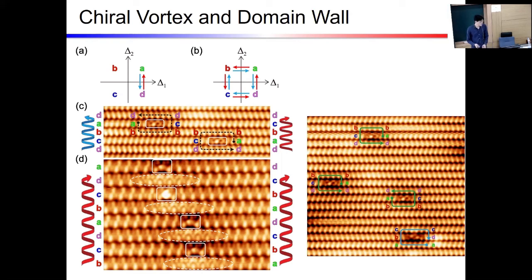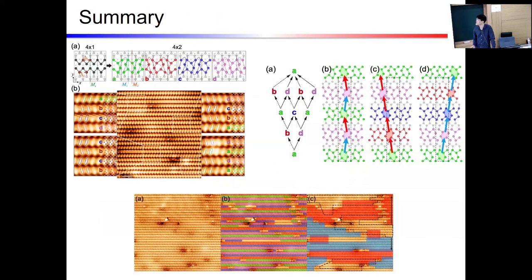So let me summarize my talk of almost an hour. We found a chiral ground state in the quasi one-dimensional charge density wave, and this chiral ground state can be stacked on the two-dimensional surface. Different chiralities can coexist, but the achiral form is preferred due to energetics.